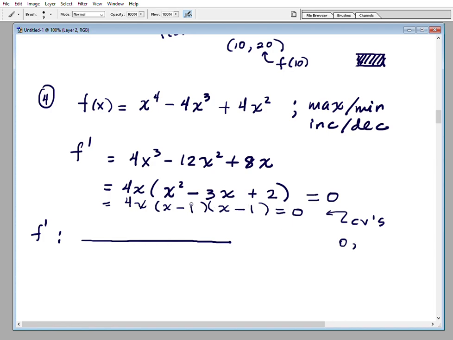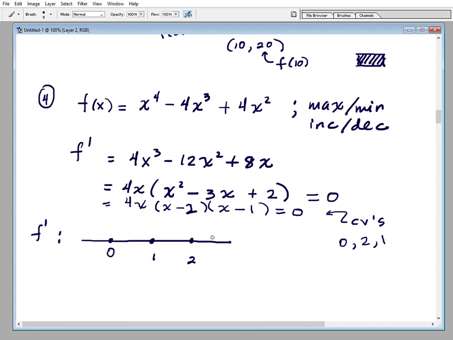Oops, I said x minus 2 and I wrote 1. Okay, 0 from here, 2 from here, and 1 from here. Just put them down in order: 0, 1, 2. All closed circles, because f exists at 0, 1, 2.